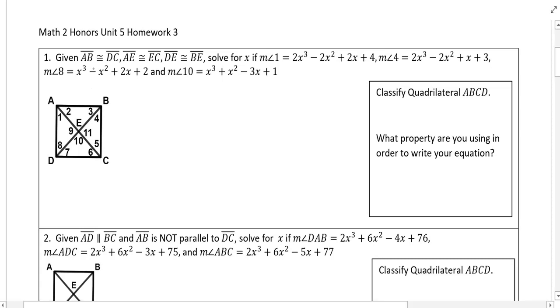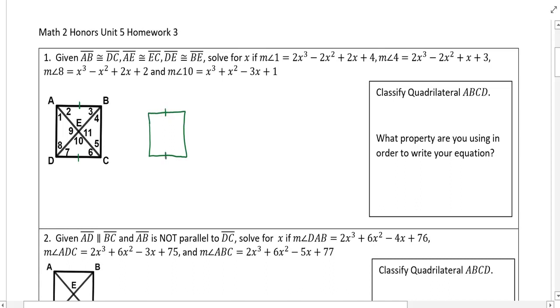So here we're given that AB is congruent to DC, and AE is congruent to EC. I'm just going to sketch this alongside without all the numbers in there.